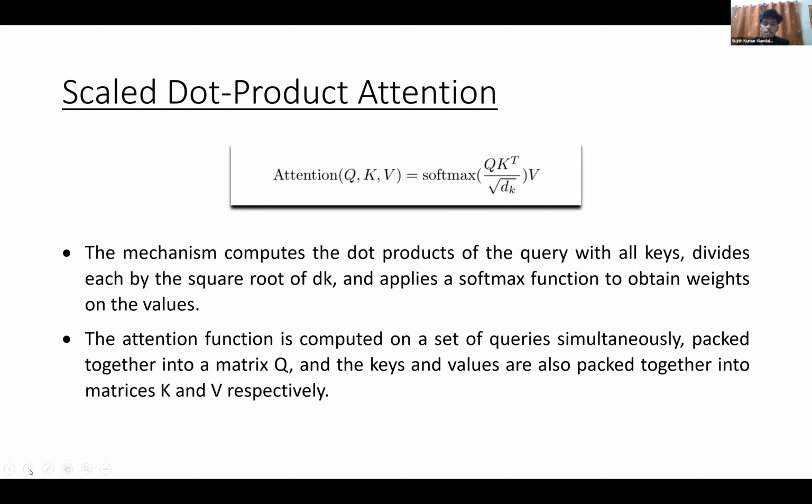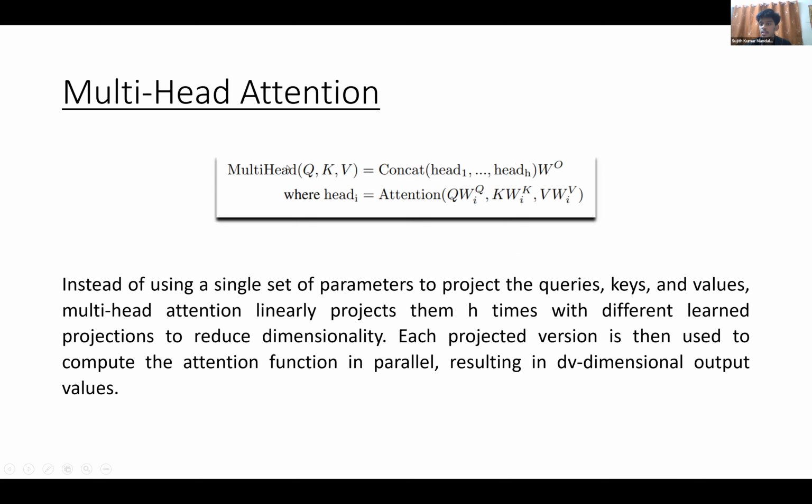So yeah, now I'll get into multi-head attention, which is the mechanism that they have used for their transformer model. So it is just a modification to the self-attention mechanism that allows the model to jointly attend to different representations of the input. So instead of using a single set of parameters to project the queries, keys, and values, multi-head attention linearly projects them h times with different learned projections to reduce the dimensionality.